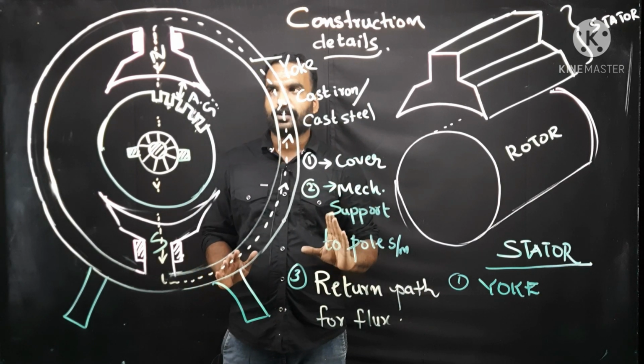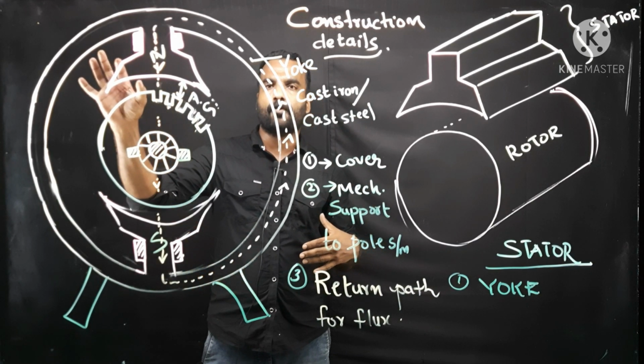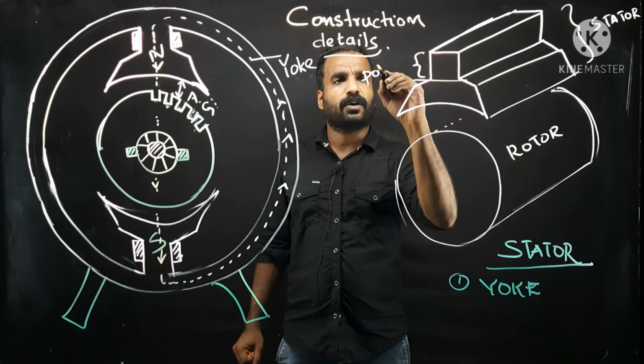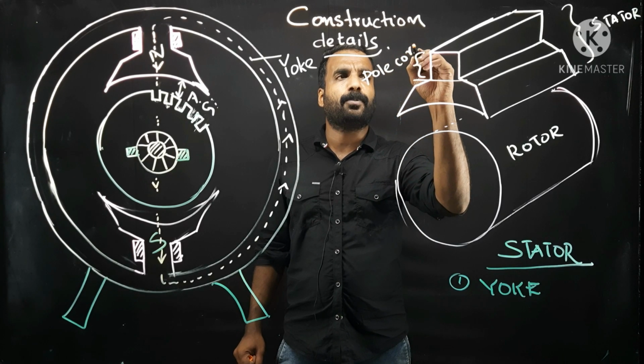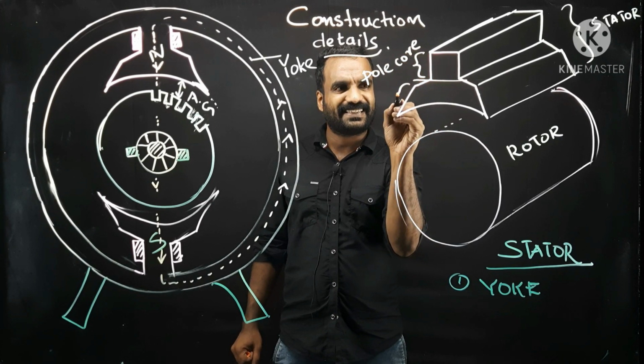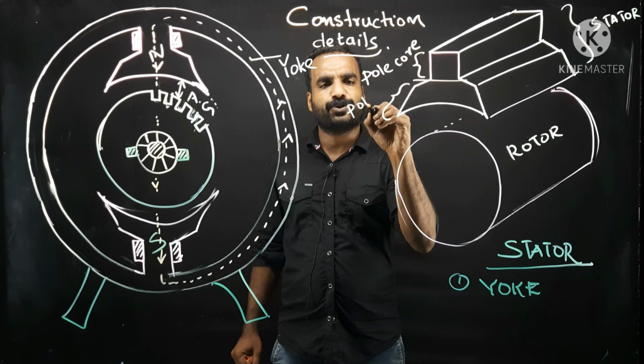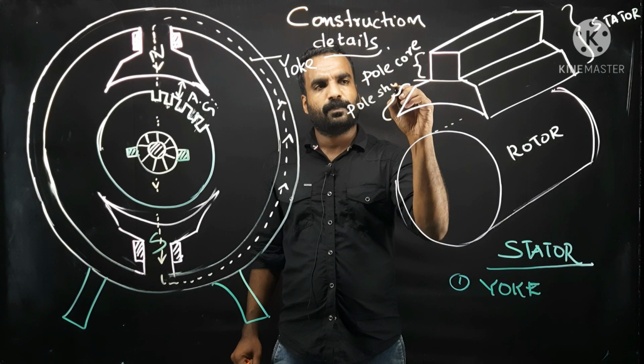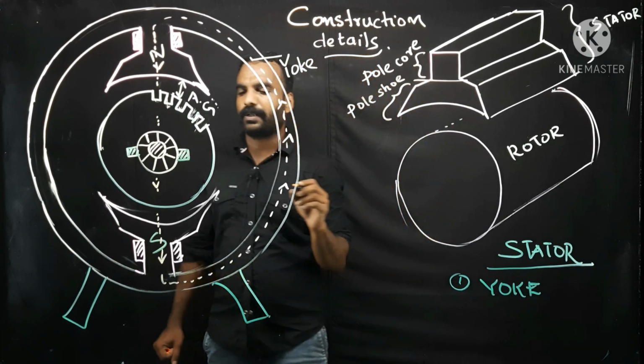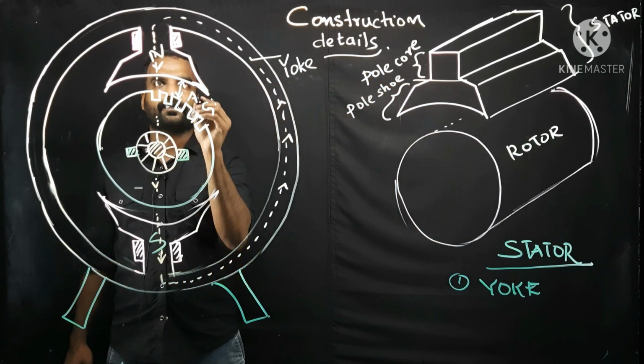The yoke is over. Now we are moving into the magnetic pole system: the pole core, and this enlarged shape is known as the pole shoe. You can mark it here also.